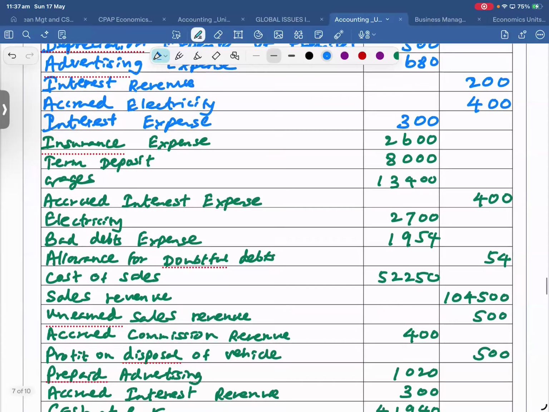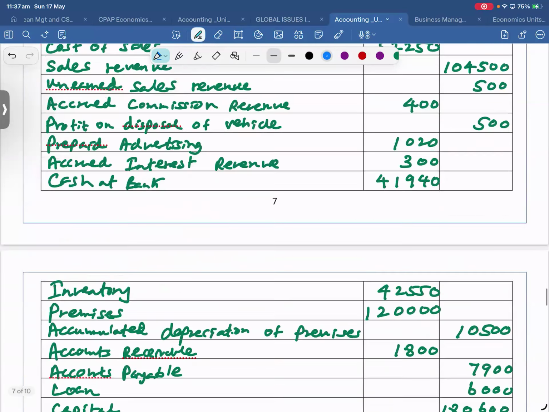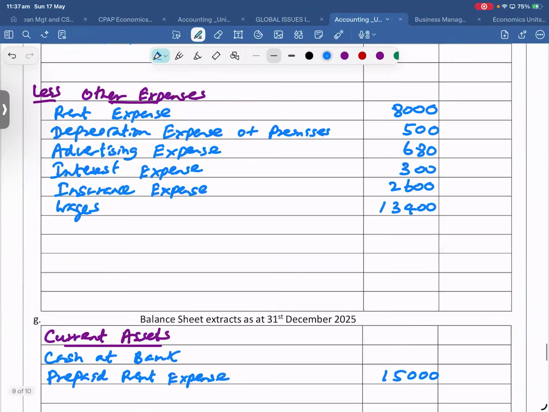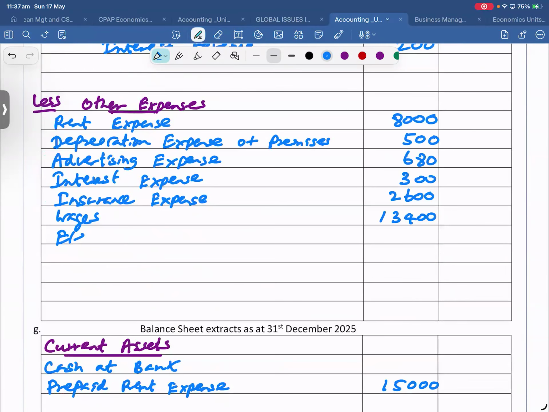Accrued interest expense, we don't have to worry about it, current liability. Electricity 2700. Then bad debts 1954.